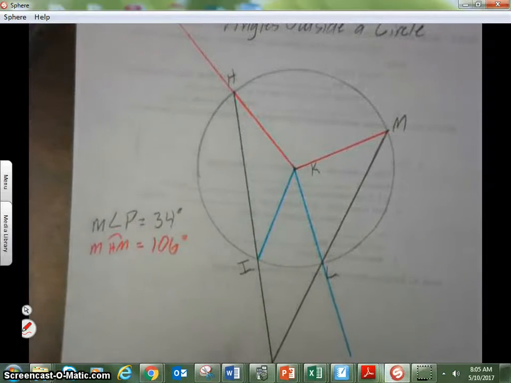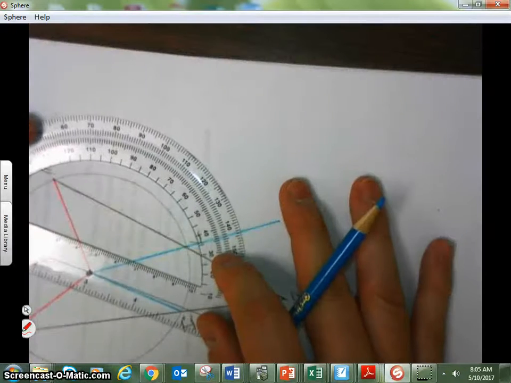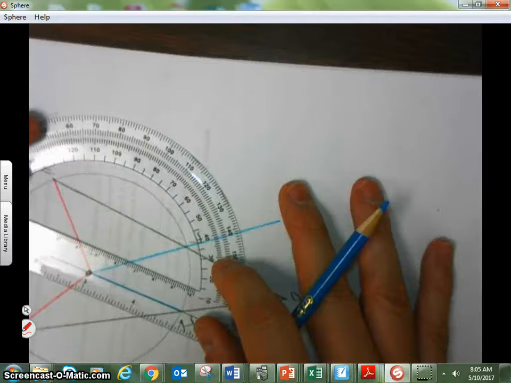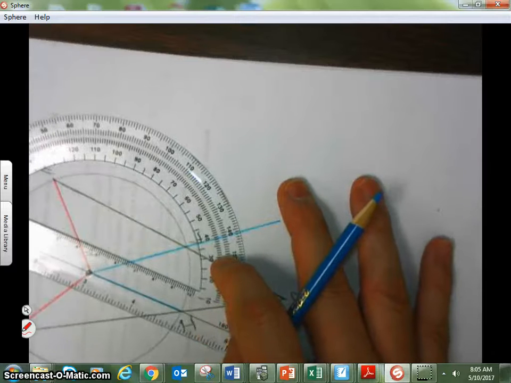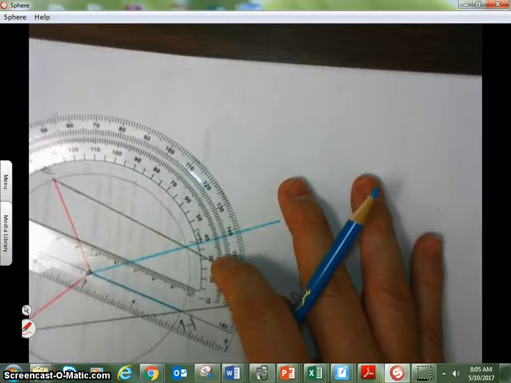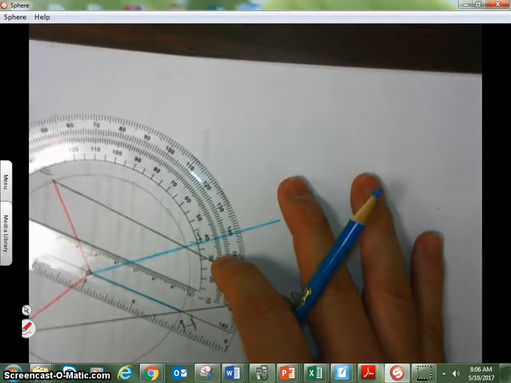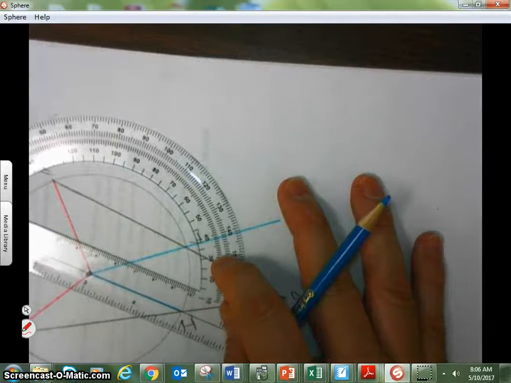And now I'm going to have to turn my paper around so I can measure this angle. Oh, I can't get my protractor lined up here.